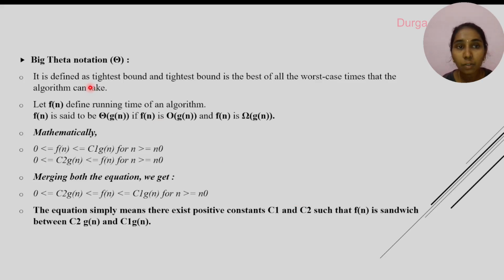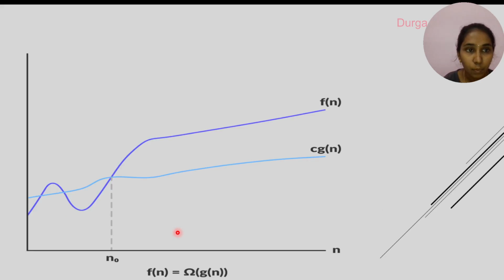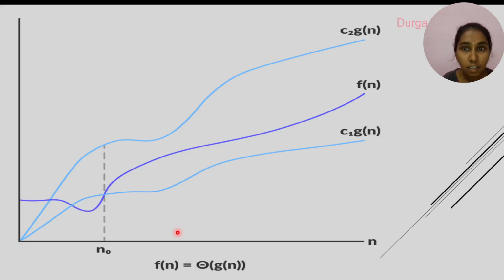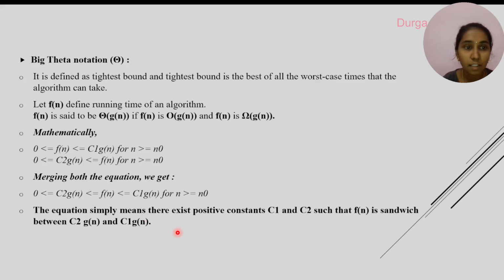So in big theta notation, we are taking two constant values C1 and C2 such that f of n is sandwiched between C2 and C1. So we have to prove that. Here f of n greater than or equals to C of n. So this is also true.